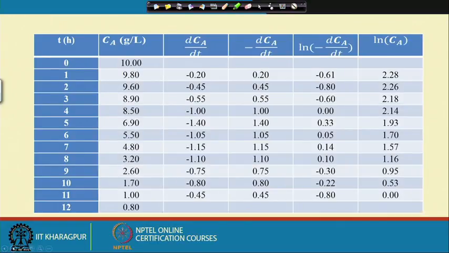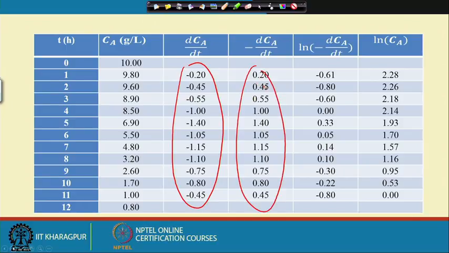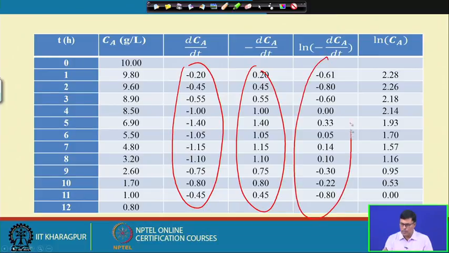Now, this is how you can calculate. This is your time and Ca that is given, and through the differential technique we can find out the value of dCA by dt. Then this minus dCA by dt you can have as positive, and then we can take the log value and easily find out ln Ca.